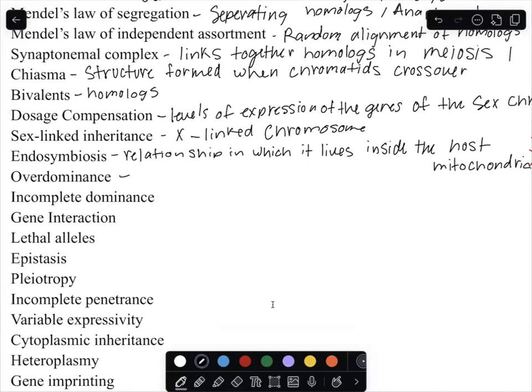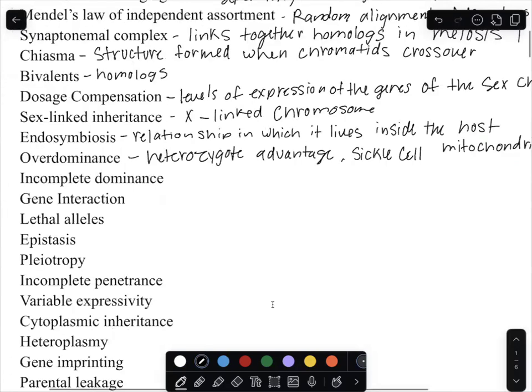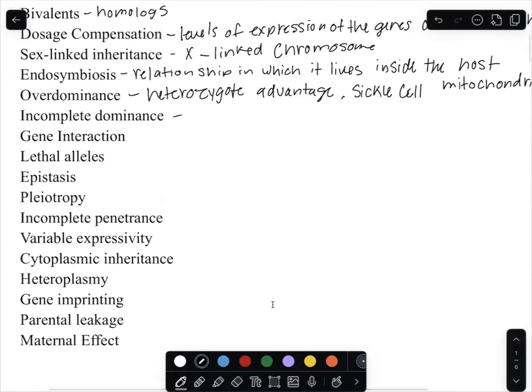Okay, overdominance. So this is when the heterozygote has the advantage. So an example of this would be sickle cell. Okay, incomplete dominance. This is when there is an intermediate phenotype.